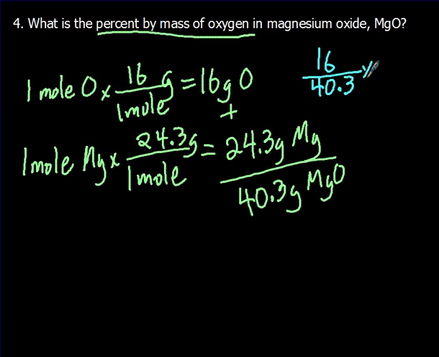And then you multiply that times 100 because they're asking for a percent. What you will get is 39.7%. So 39.7% of this formula here is oxygen.